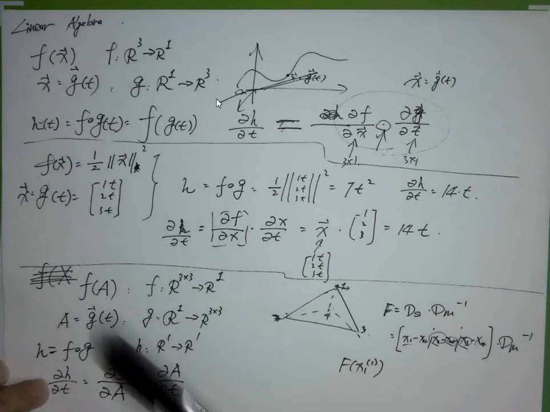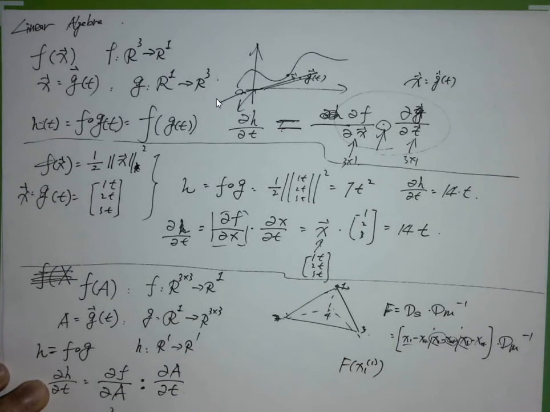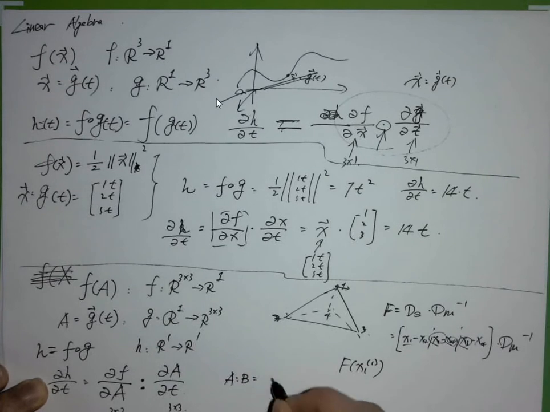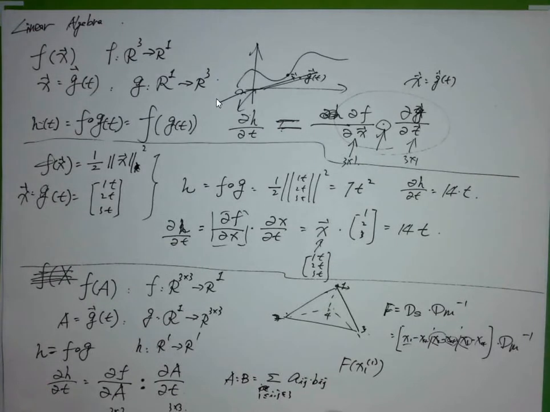But here, df/dA will be a 3 by 3 matrix, and dA/dt will also be a 3 by 3 matrix. It's just a piecewise multiplication. The double contraction between A and B simply becomes the sum over 1 less than or equal to i and j less than or equal to 3 of aij multiplied by bij. Just multiply them piecewisely and sum them up. All right, so this is a double contraction, and we know we can do it this way.